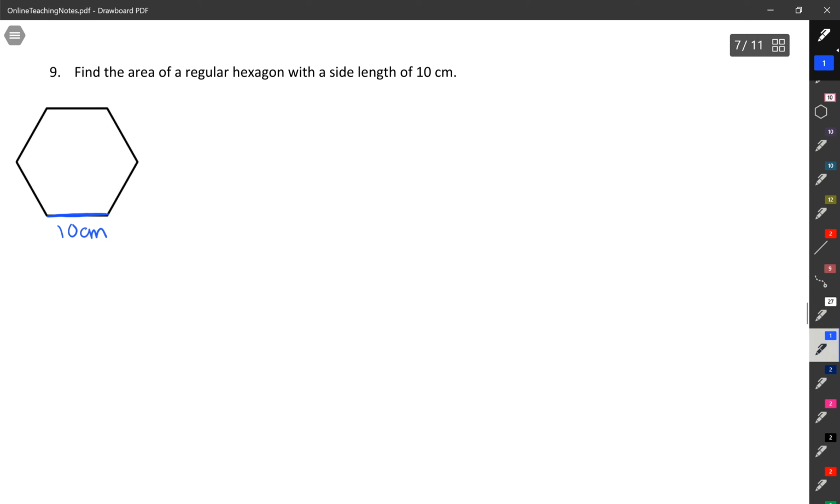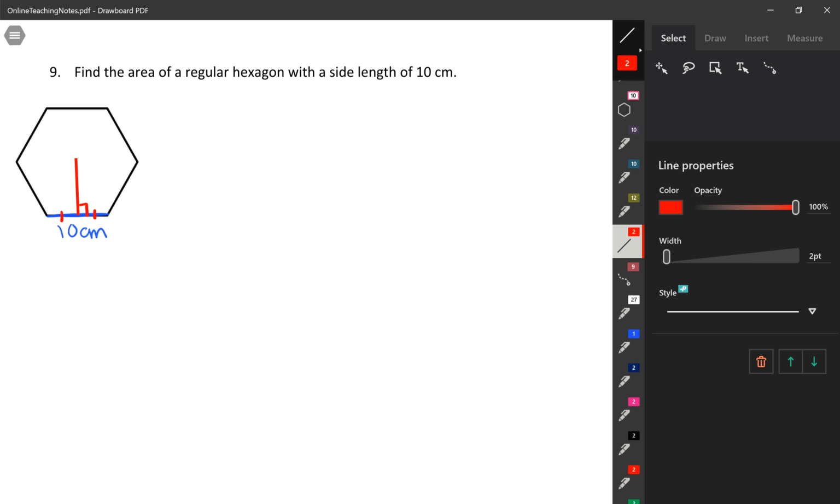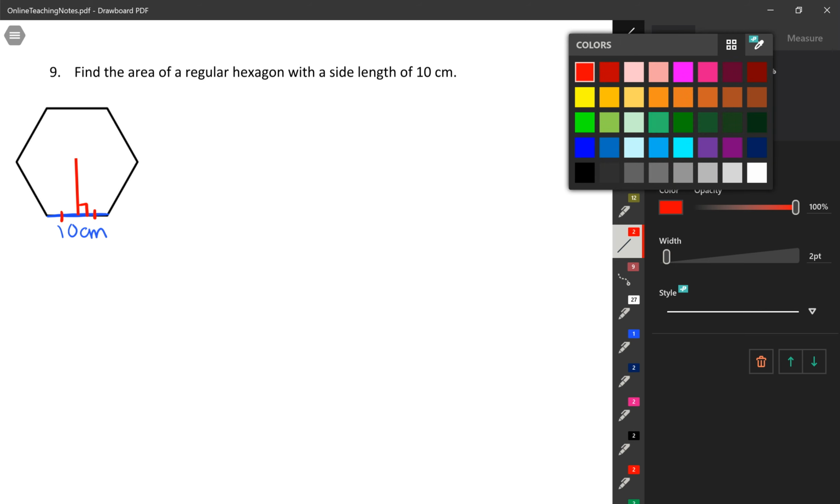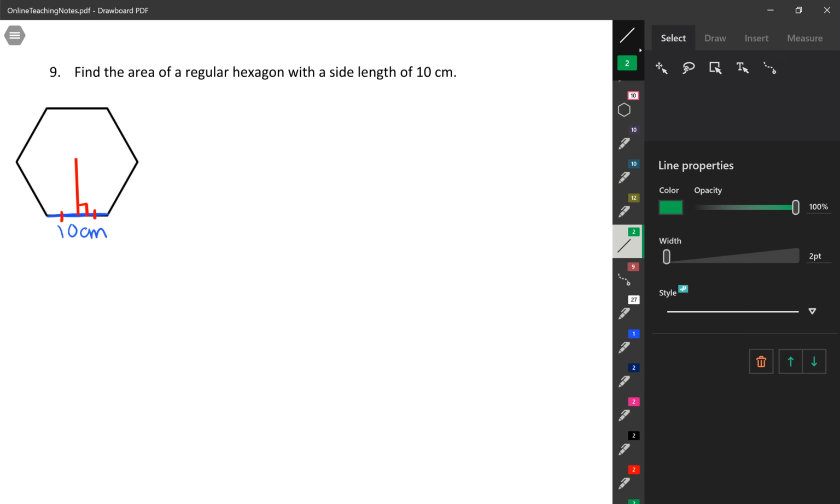So again, I'm going to want to have drawn the apothem, and I then need to find that apothem. So there is my apothem, and I know that my apothem is perpendicular and it bisects that 10 centimeters. So I will now draw in the central angle. So let me change this color here, and let's make a central angle.